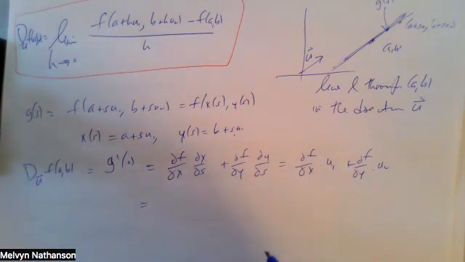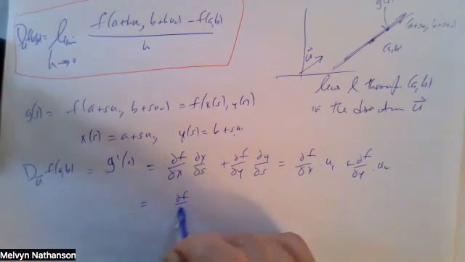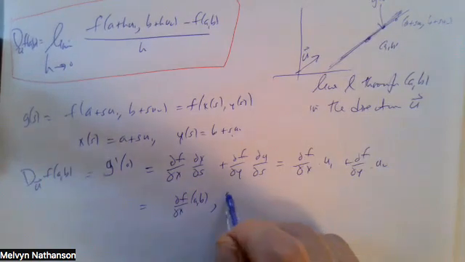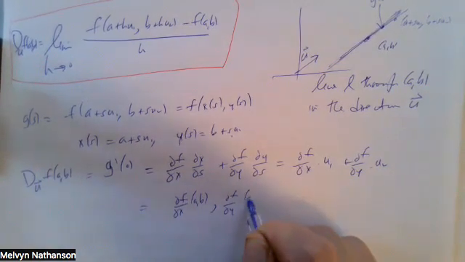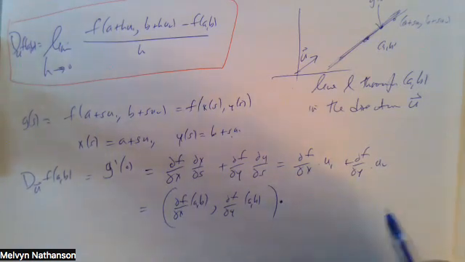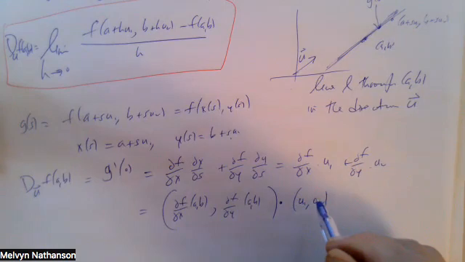So this is exactly the same as taking the vector (partial of f with respect to x at (a, b), partial of f with respect to y at (a, b)) dot product with (u1, u2).